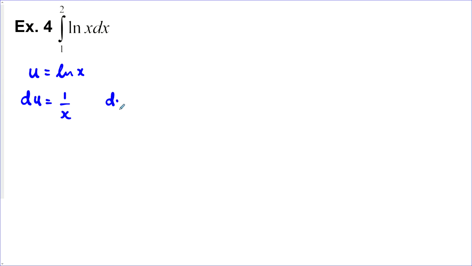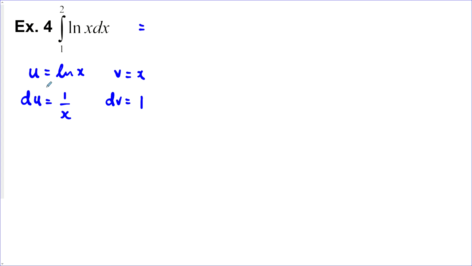But we need a dv, and there doesn't appear to be anything else in the integrand, except there is a 1. We didn't have to write it, but it's there, and we can use that 1 now as our dv. And the antiderivative of 1 is x.